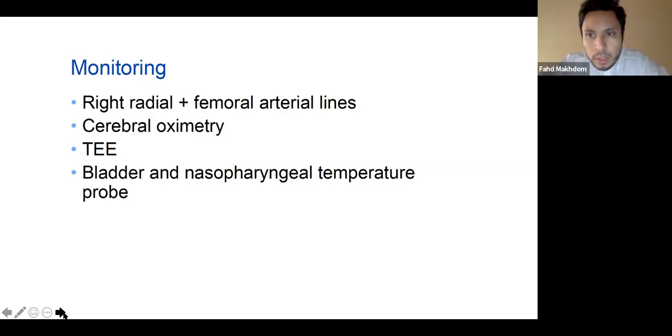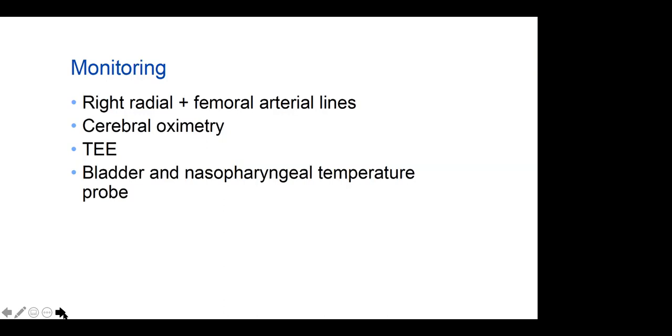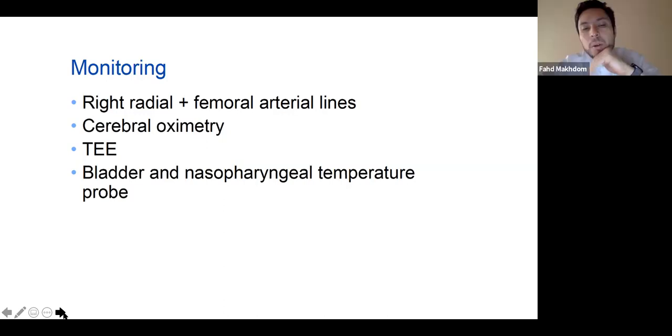Yeah, that's my approach. For example, if I want to cool down, the nasopharyngeal usually will go down first. Faster, yes. Will go down faster because it's closer to the cold blood, obviously, and the bladder will take time.